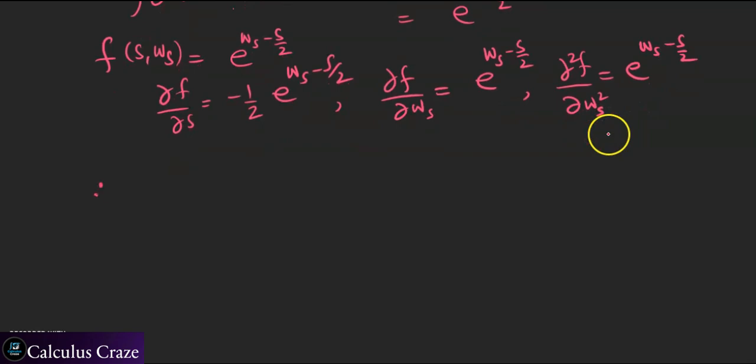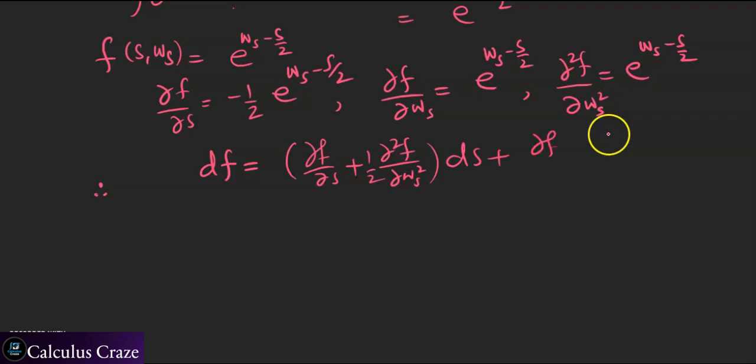So now I will use the formula, which says that the differential of f is given by the partial derivative of f with respect to s, plus one half the second partial derivative of f with respect to w, times ds, plus the first partial derivative with respect to w times dw.